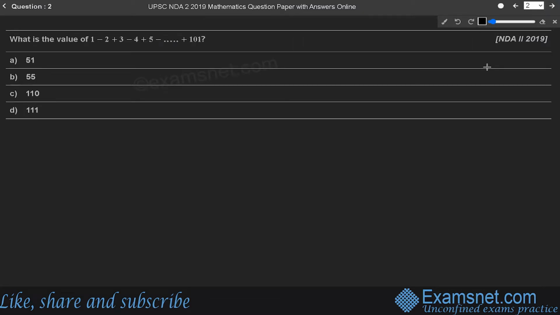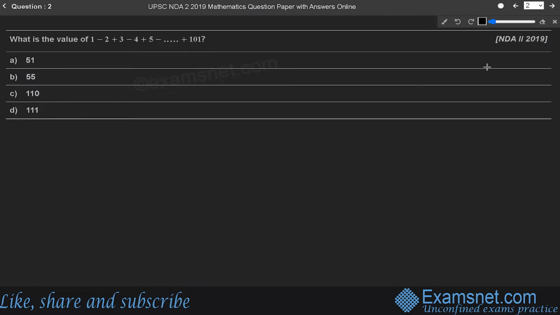Next question is, what is the value of 1 minus 2 plus 3 minus 4 plus 5 minus so on up to plus 101? So here, this is a question that comes from arithmetic progression.